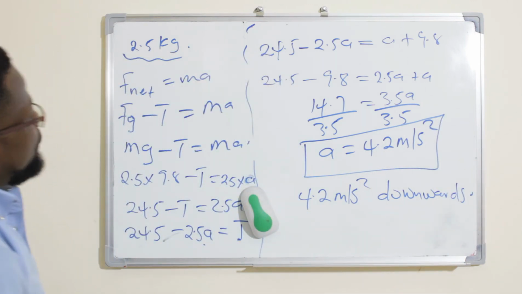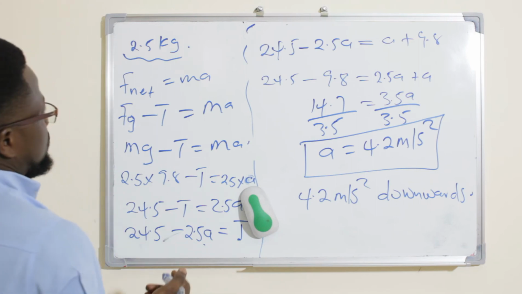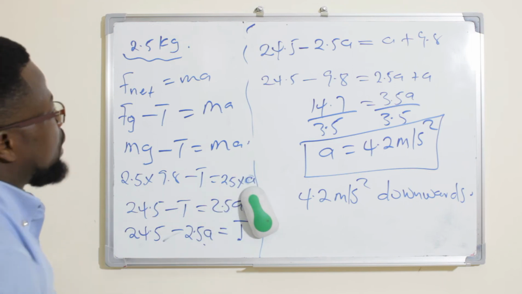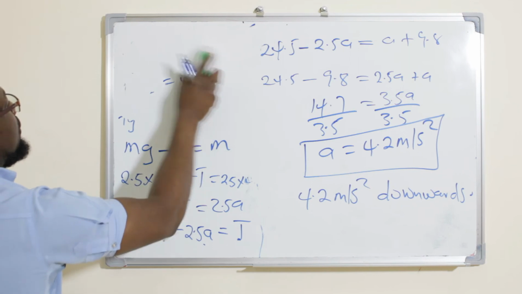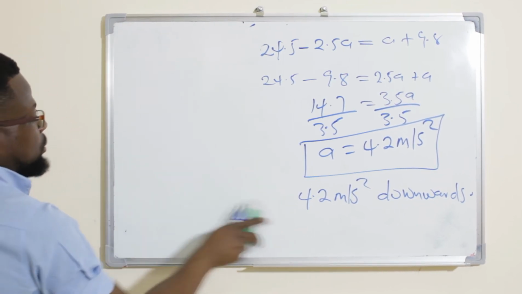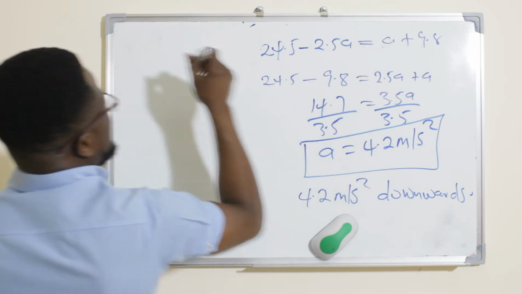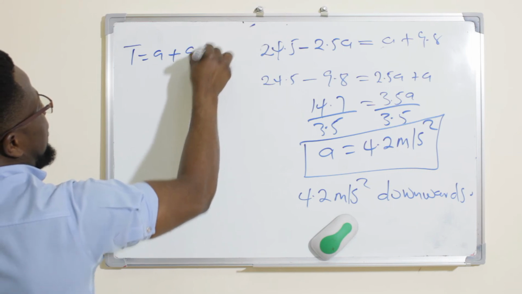Okay, we can find the tension in the cord, and knowing from any of the two equations that we have, we can easily make use of them to find the tension in the cord. I can decide to look at the one that says T is A plus 9.8.